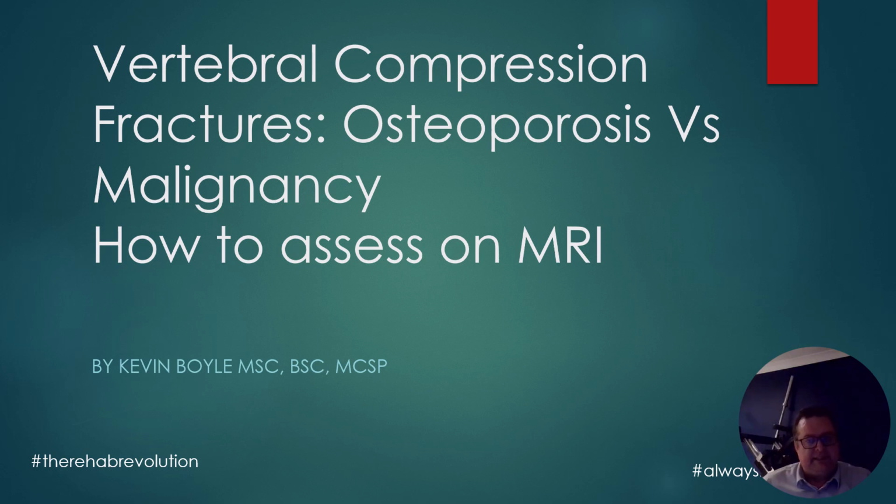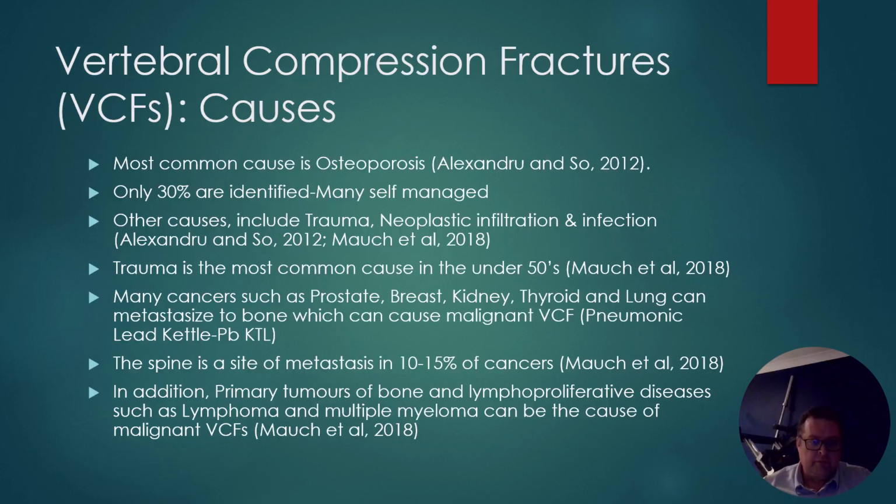When I'm practicing, I look at the MRI before I read the report, and then I compare my own report to the official one for my learning, and this is how I learn. So these are just things to help you look at vertebral compression fractures. It does not mean that you can then diagnose the patients. That is really, really important.